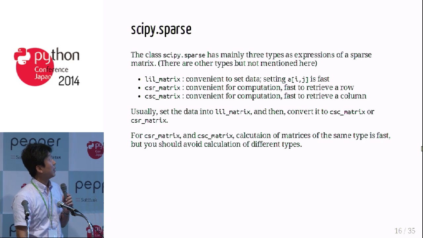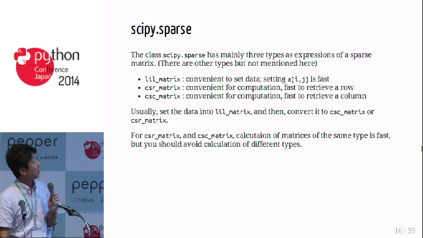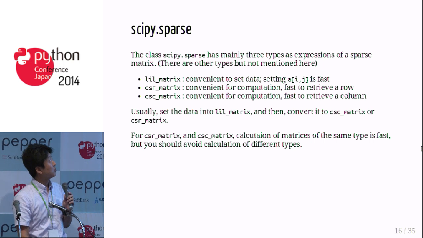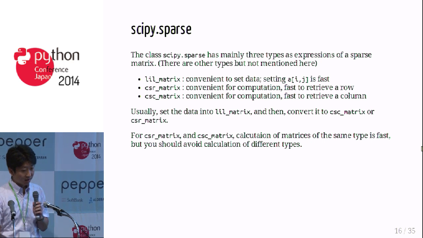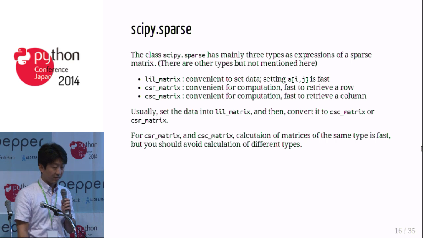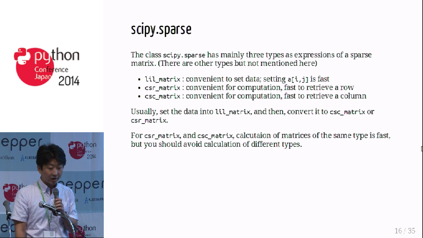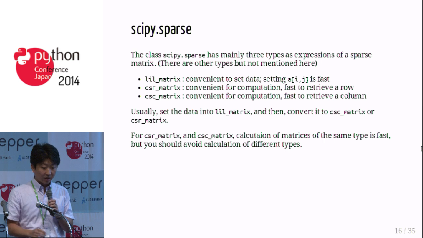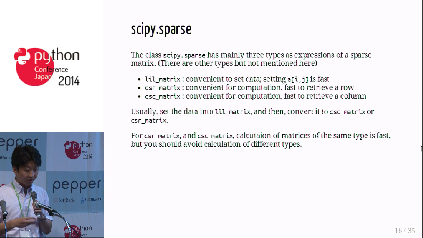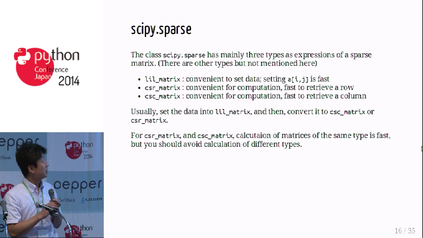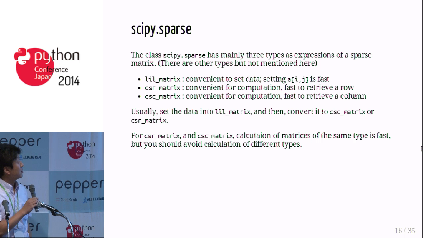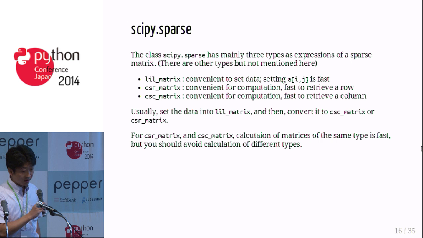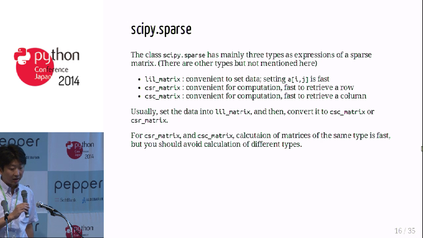And the Python Scipy has a module for sparse matrix. There are some classes to express sparse matrices, but not here. I show three types of matrix. One is LIL matrix. It is convenient to assign data.